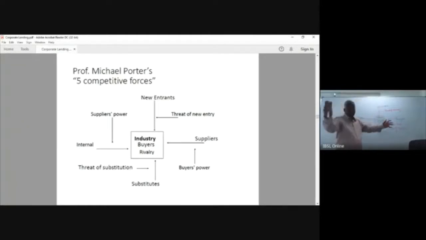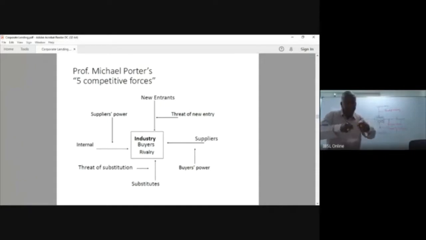Depending on those, the final competition within the industry, whether it will be more or less, whether it is increasing or reducing, is decided. Finally, the competition within the industry is what is important. If the competition is very stiff, all the players in the industry are fighting for their market share.